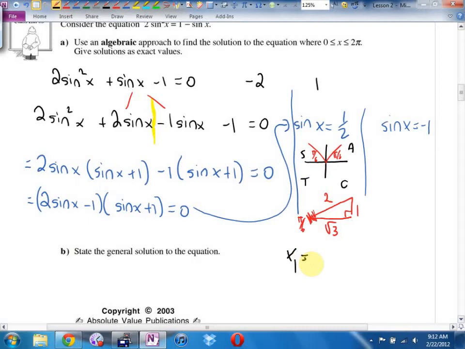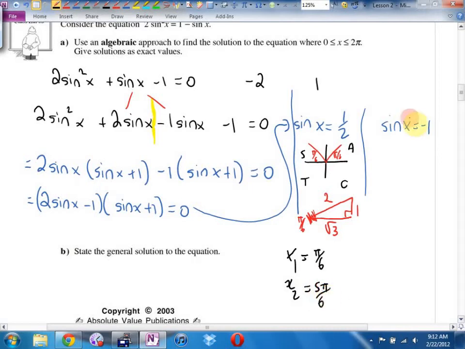What's my first x value? What's my second x value? 5 pi by 6, yes?